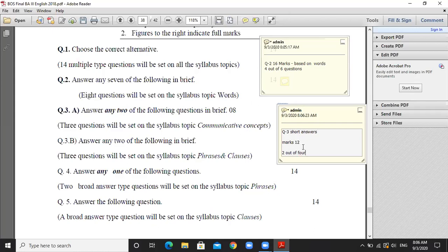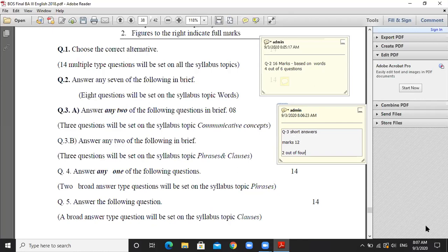So in question number 3, you have to answer 2 questions. Each question in question number 3 carries 6 marks, so in total it becomes 12 marks. These questions will be based on phrases and clauses as well as communicative concepts. So communicative concepts also will be covered in question number 3, and some short notes on phrase and clause also will be asked in question number 3.